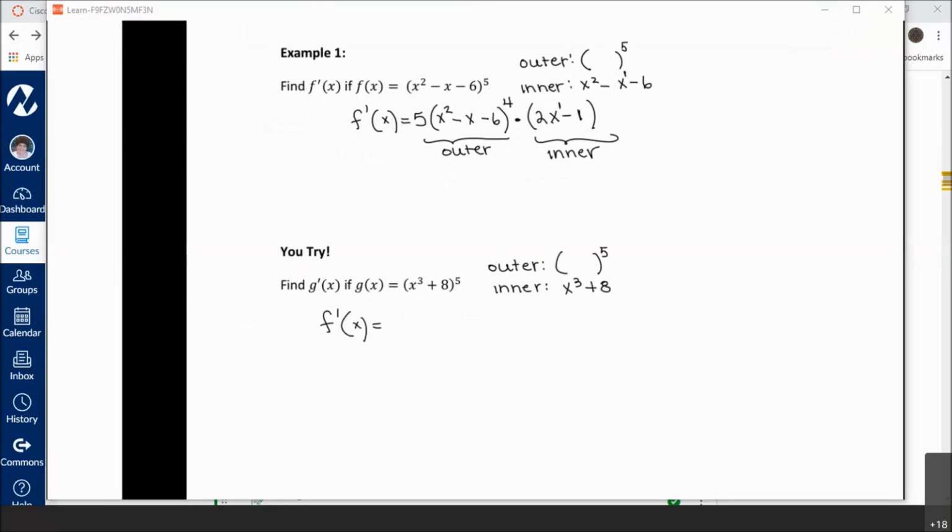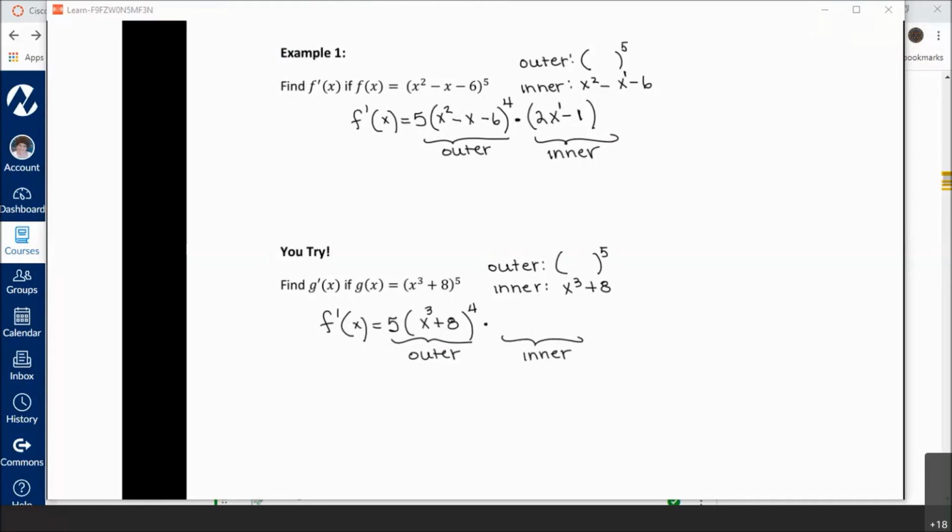So first I'm going to differentiate the outer function. It's a power, right? It's like a polynomial. So I'm going to use the power rule, bring down the exponent, leave that part alone, and then drop the exponent by 1. That's the power rule. And again, I'm just going to leave what's in here alone. So here's outer. And then I need to do inner and multiply the two together.